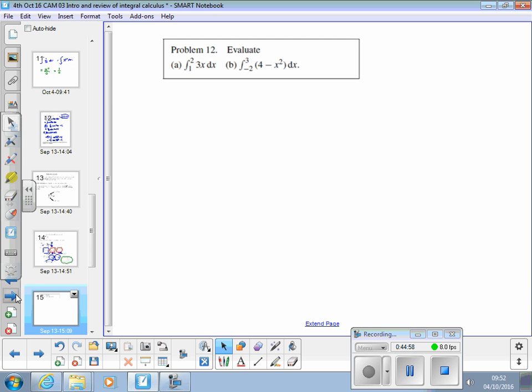So let's have a go at one. The definite integral between 2 and 1 of 3x dx. So the first thing we've got to do is integrate.